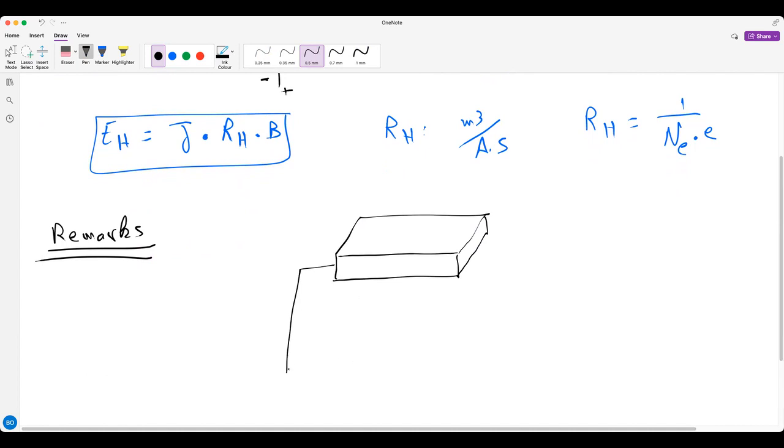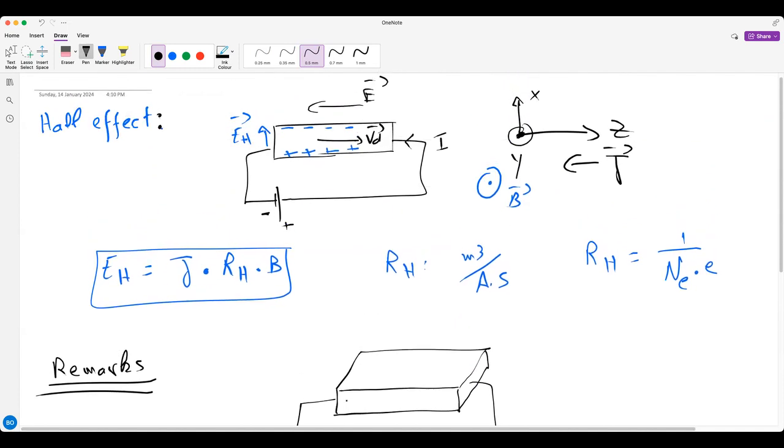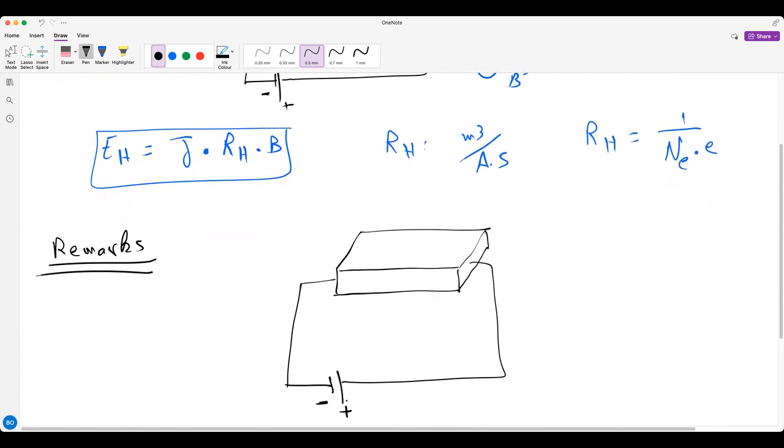Let's assume I am applying the electric field here, and I will take the x-axis and the y-axis.